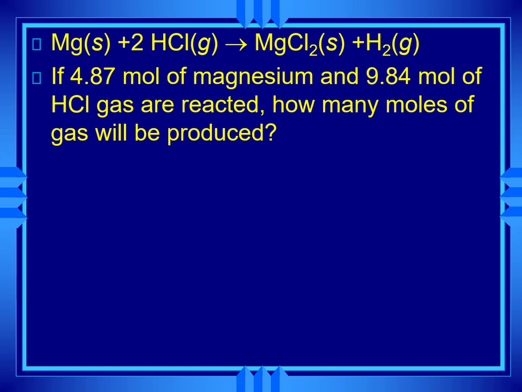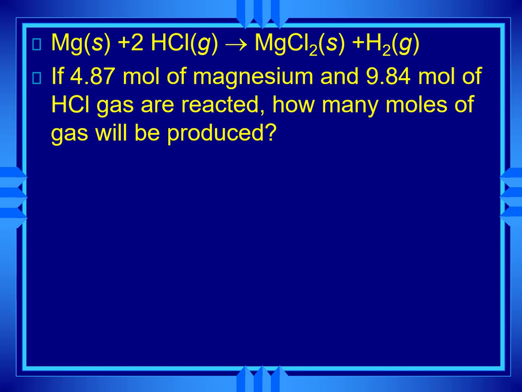Okay, so magnesium is put into hydrochloric acid. If 4.87 moles of magnesium and 9.84 moles of HCl are reacted, how many moles of gas will be produced?